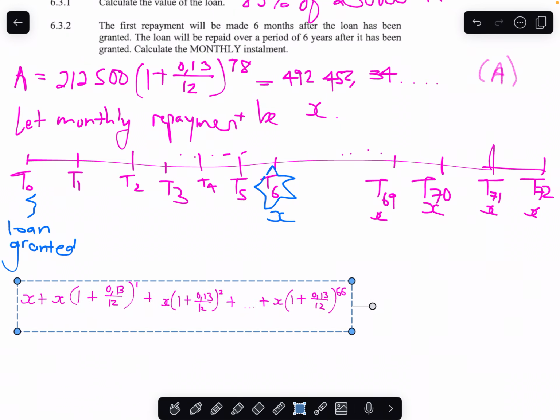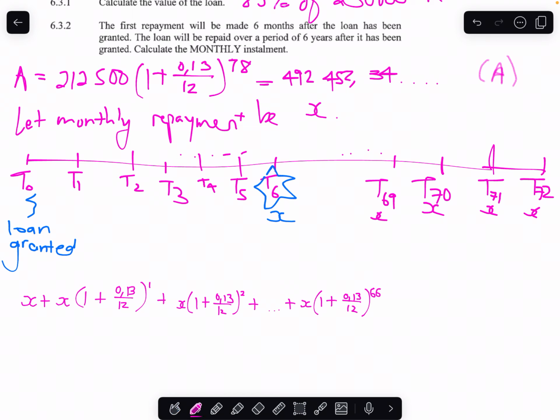We need all of those repayments to add up to that loan amount and all the interest that it is going to accrue. So it needs to add up to this amount that we calculated here. And of course, this is a geometric series, with a equal to x, with r equal to 1 plus 0,13 over 12.